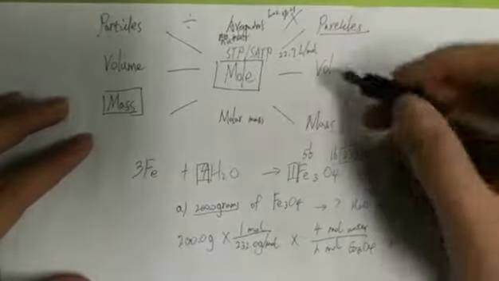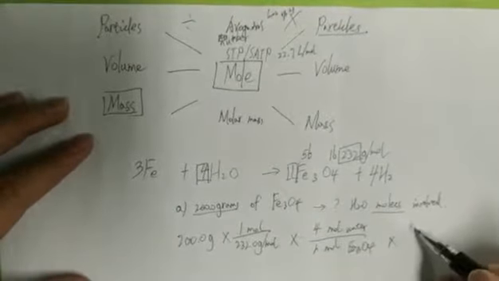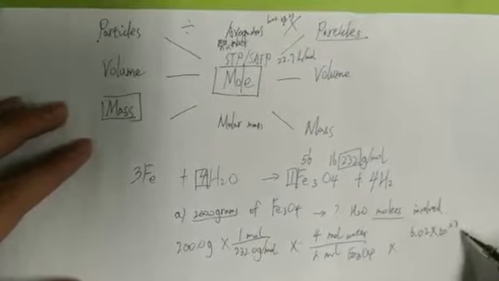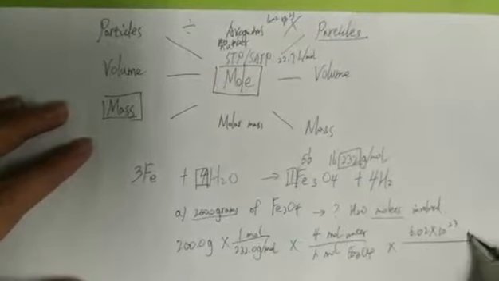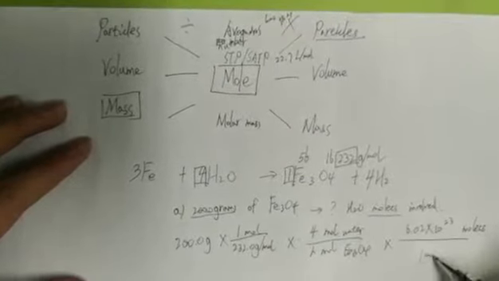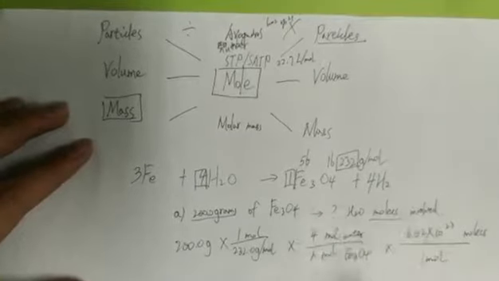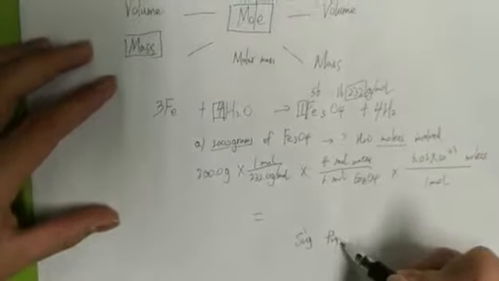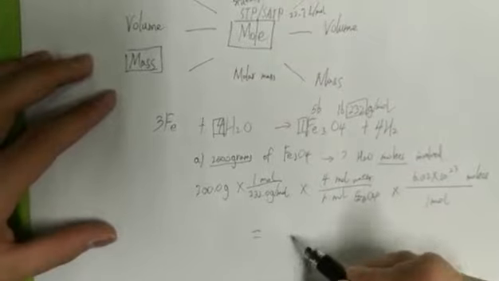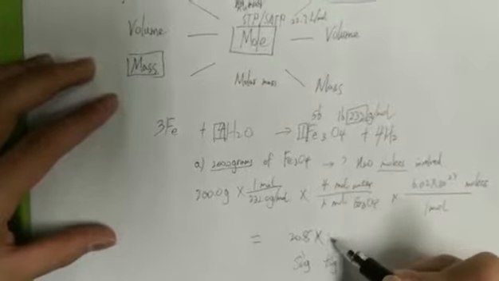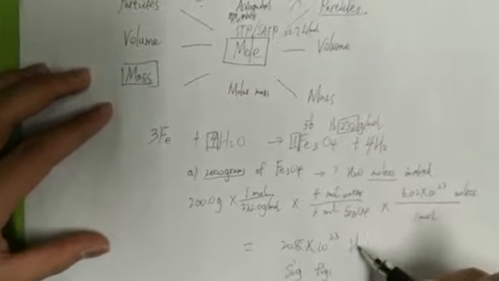And then we use Avogadro's number, which is 6.02 times 10 to the power 23 molecules over 1 mole. And we get the answer. Remember the sig figs. So the answer is 20.82 times 10 to the power 3 water molecules.